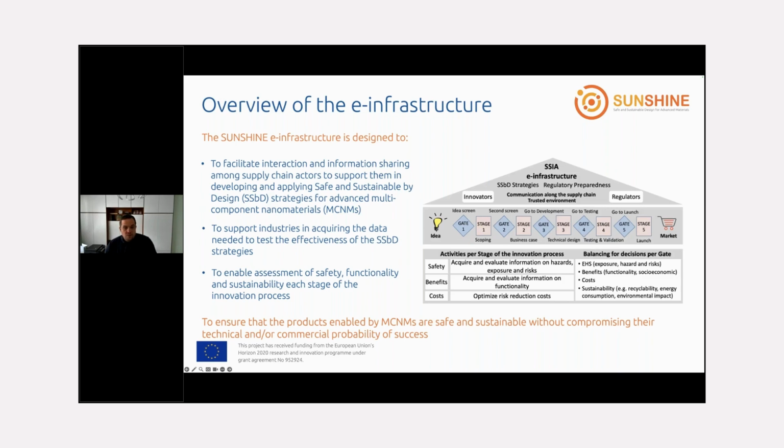The infrastructure also includes algorithms to assess the risk-benefit balance of the modified materials and products at each stage of the innovation process. This is to make sure that they are safe and sustainable, but also that the modifications have not compromised their technological functionality or economic viability.